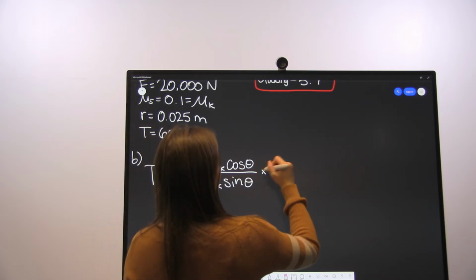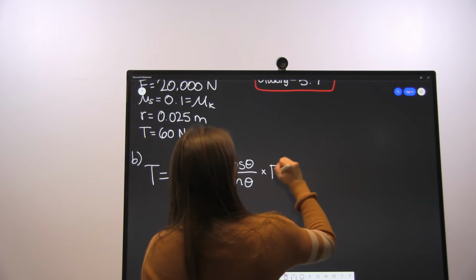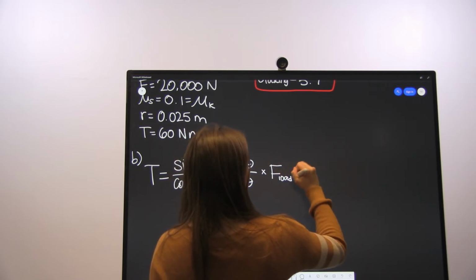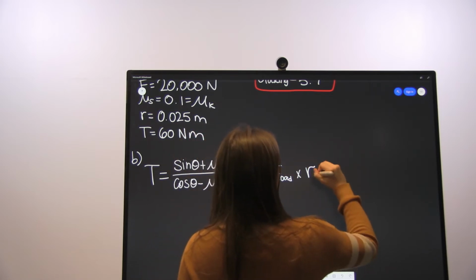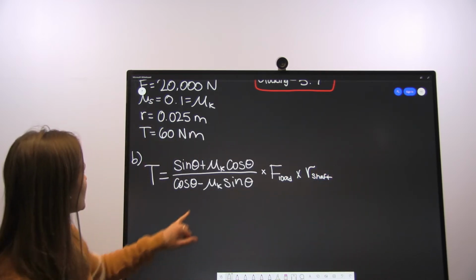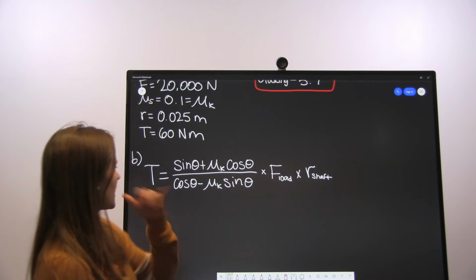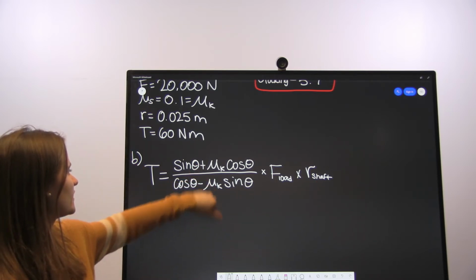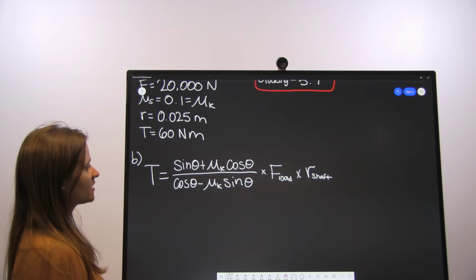And this is all multiplied by the loading force and the radius of the shaft. So we have the torque, the force, and the radius, and we're solving for theta. And we also have the coefficient of kinetic friction.